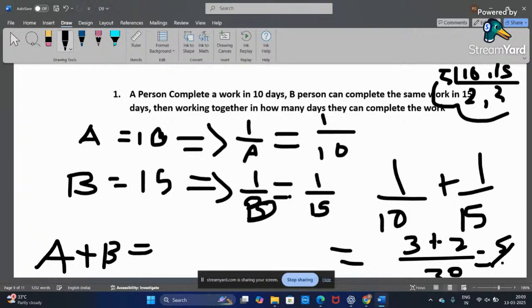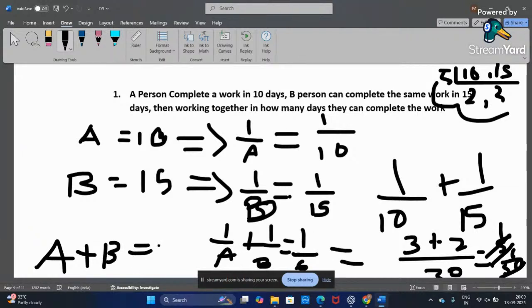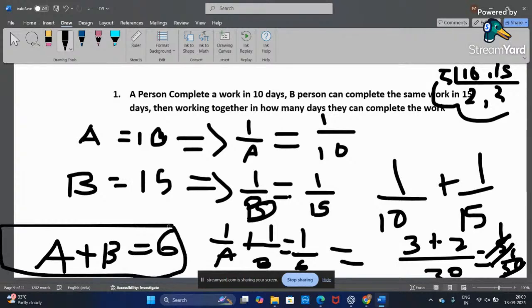So it is 5 by 30. 5 1s are 5, 5 6s are 30. We got the answer 1 by A plus 1 by B in the form of 1 by 6. But we needed the form of A plus B. Just reverse this. We'll get A plus B as 6. A plus B together can complete the same work in 6 days. This is how you need to solve.